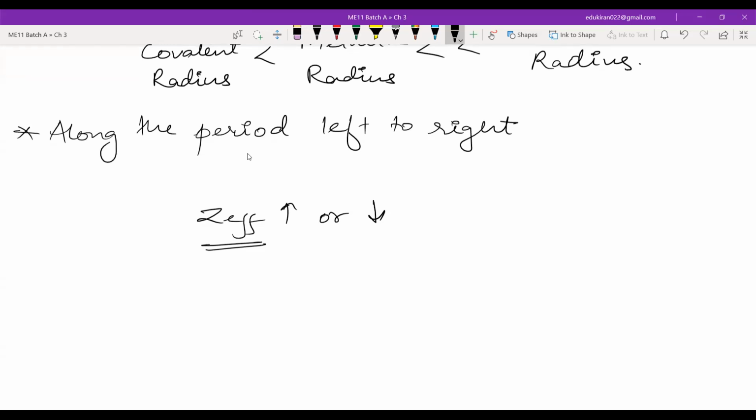If Z effective is increasing, we are not increasing the shielding. We are increasing the Z effective, the nuclear charge. You're confused between the two?